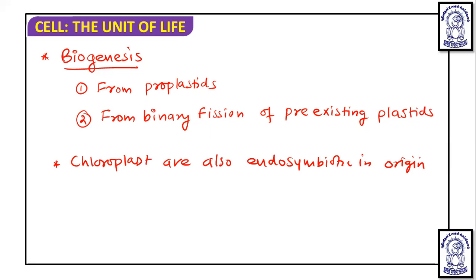All this they have of their own. So because of this, it is also endosymbiotic in origin. So this is what we have about the chloroplast.